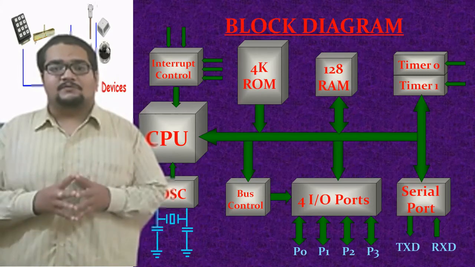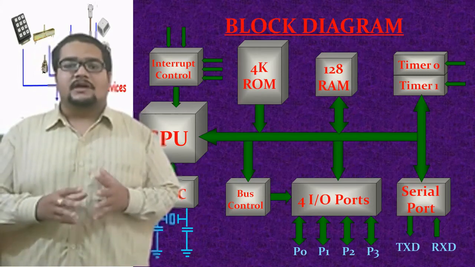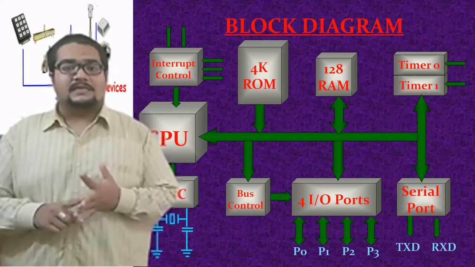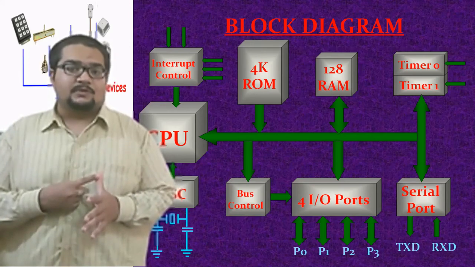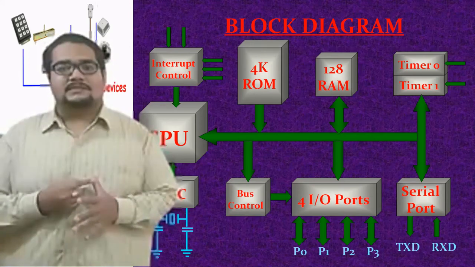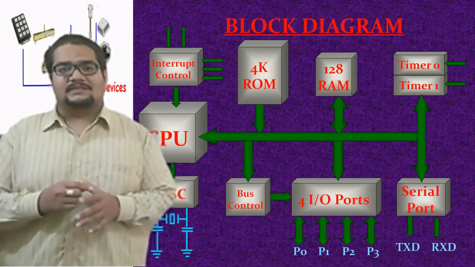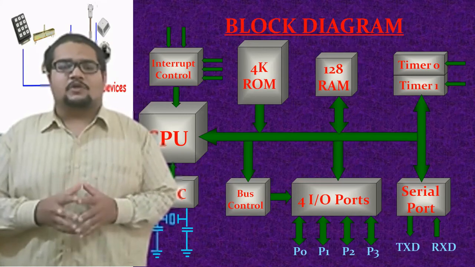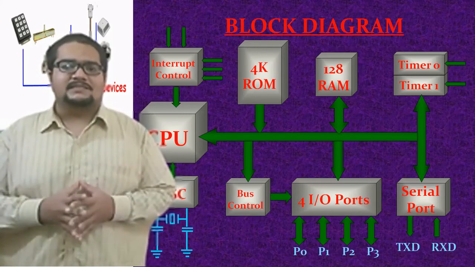Let me list them briefly for you: timer 0 interrupt, timer 1 interrupt, external 0 interrupt, external 1 interrupt, and the last one is the serial interrupt. The serial interrupt has both a transmission interrupt and a reception interrupt, and both are considered a single unit, the serial interrupt. Apart from all this, we have a reset, which interrupts the whole controller to reset itself.